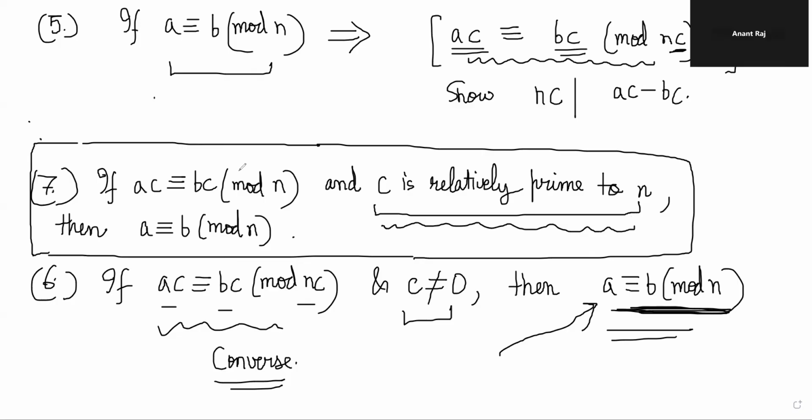If C is relatively prime to n, then we can cancel C off without worrying about having to cancel it from the modulo. Here, you needed to cancel it from everywhere. That's why this is not so useful. Because in problems, you will not be changing the modulo n so frequently.